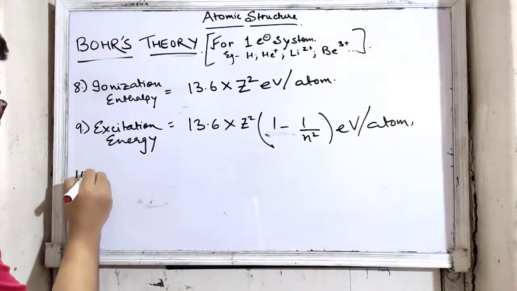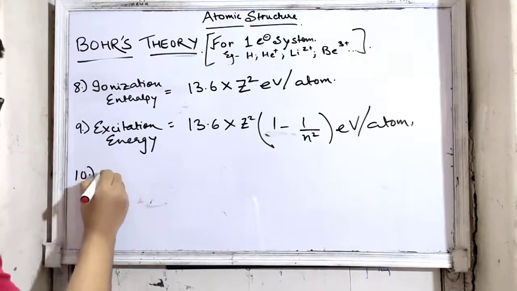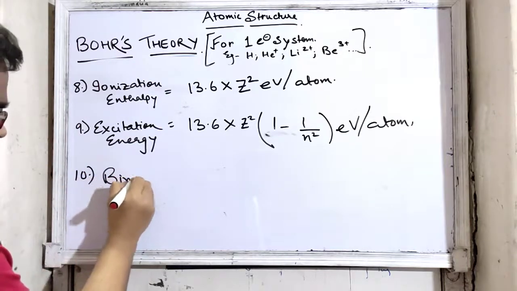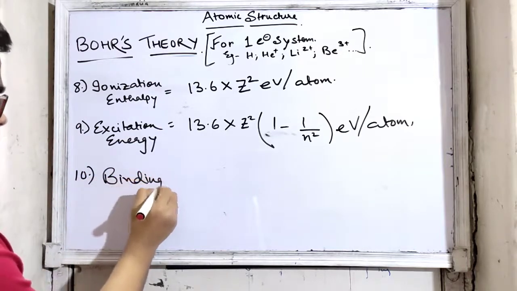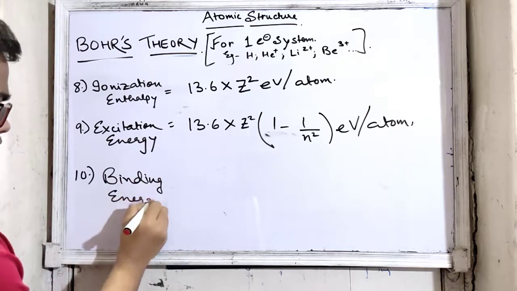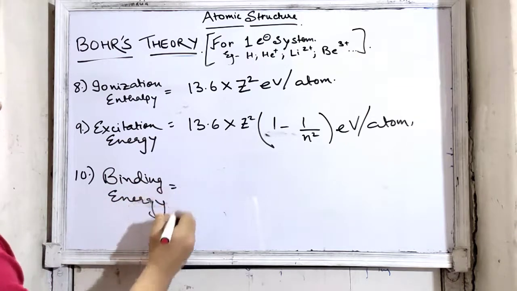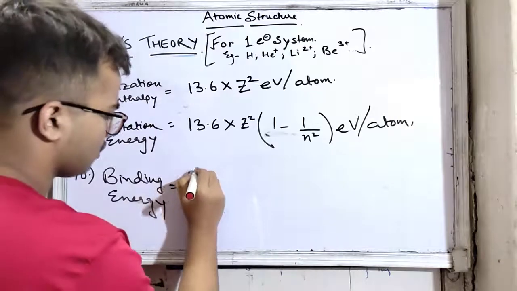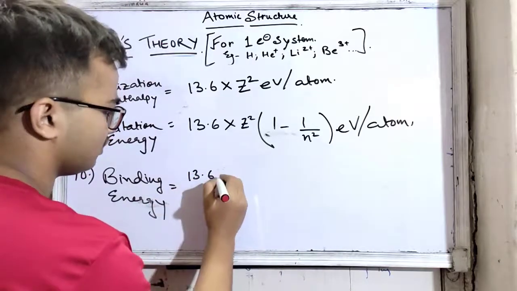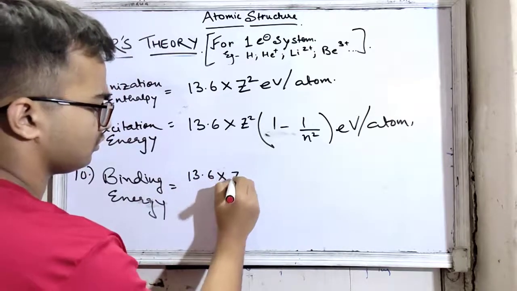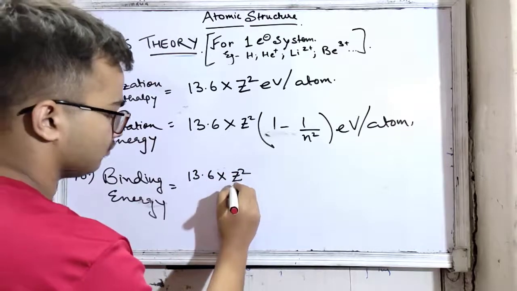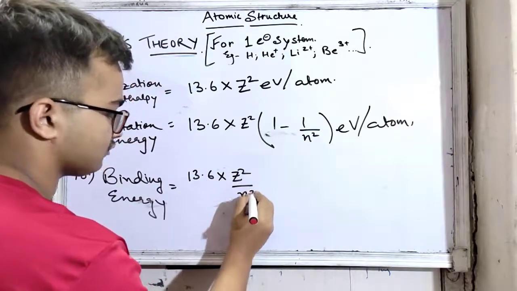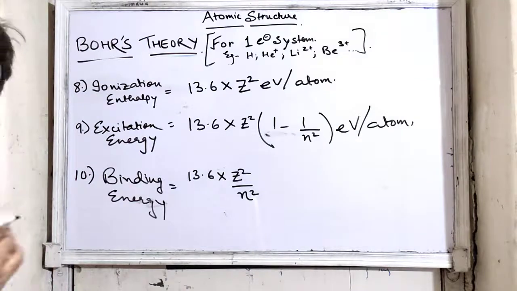And number 10 and the last one is your binding energy, which is equal to 13.6 into Z square by n square. Clear up to this much, right?